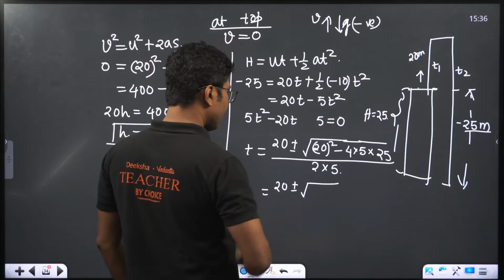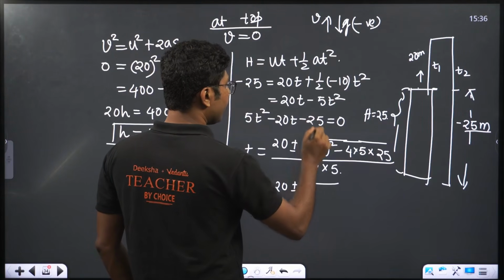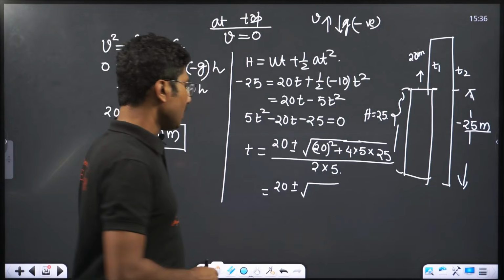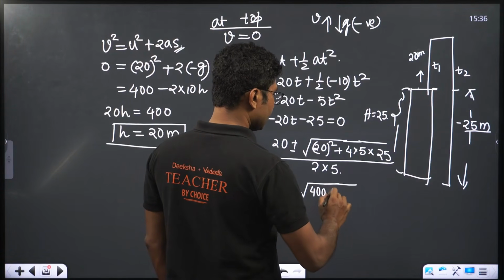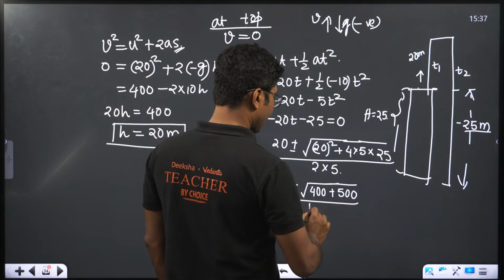So be careful you don't make that mistake. So here it will be minus 25, so this will be plus. So 400 plus 500 divided by 10.